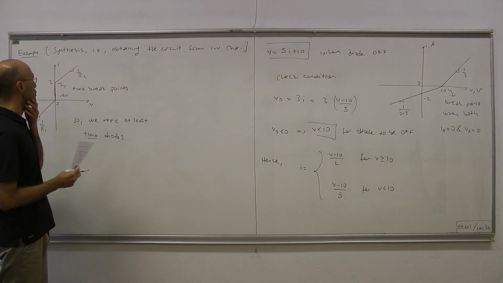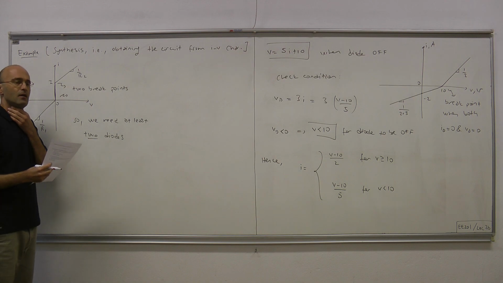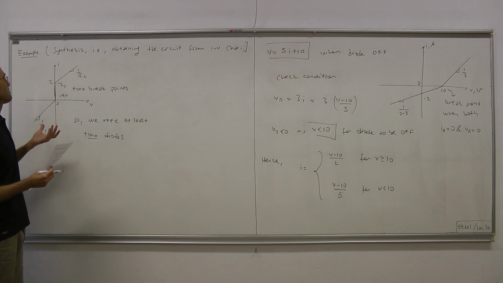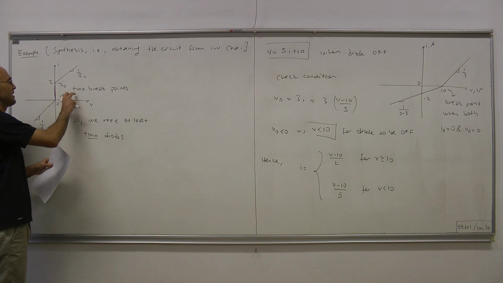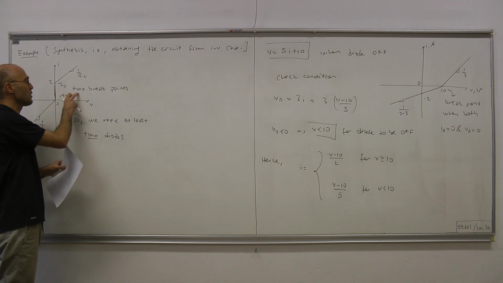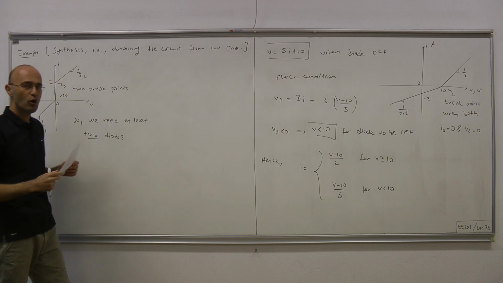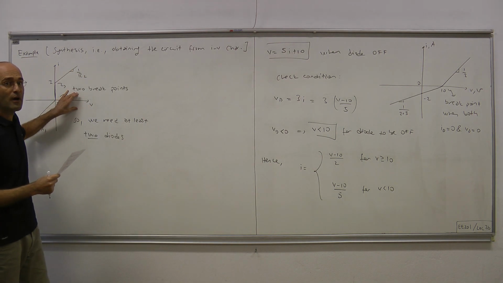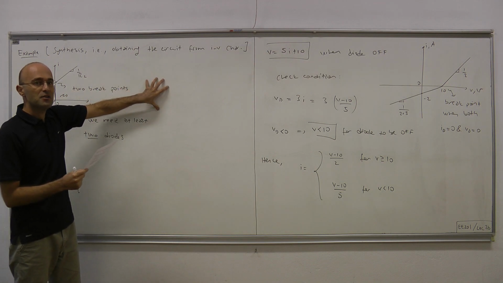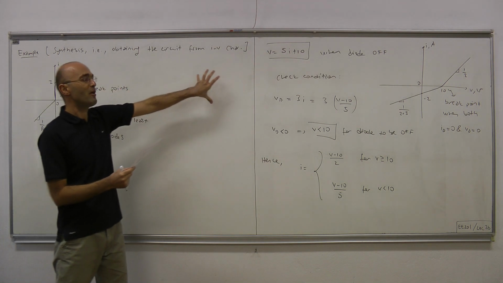Okay, now how we approach this type of problem is as follows. Given this final curve, we decompose it into simpler curves. We try to write this as some IV characteristics plus some other IV characteristics.